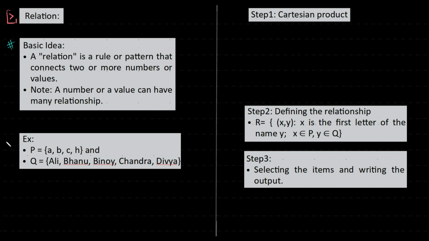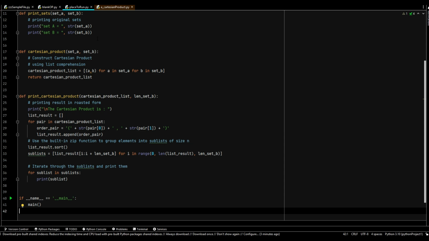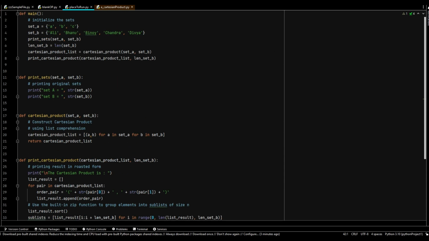Right? So let me take up an example. So we have the same set of values which we have seen before. And now we are going to first write the Cartesian product. So P is A, B, C, H, not D actually. So let me make the changes, and H is also present.